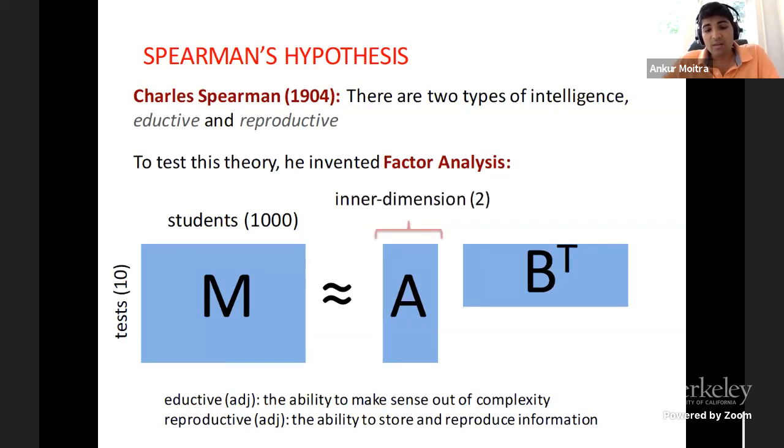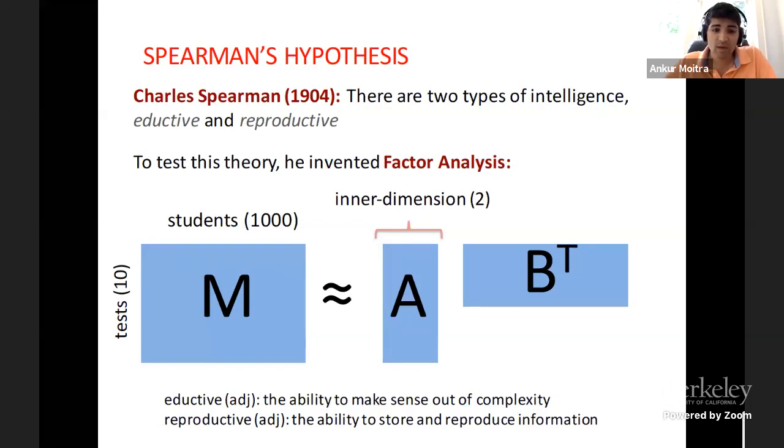What's important here is the inner dimension in this factorization. He believed that there was some way to approximately represent the matrix M as the product of two matrices, where A is a 10 by 2 matrix and B transpose is a 2 by 1,000 matrix.